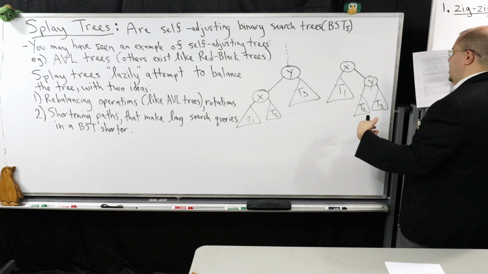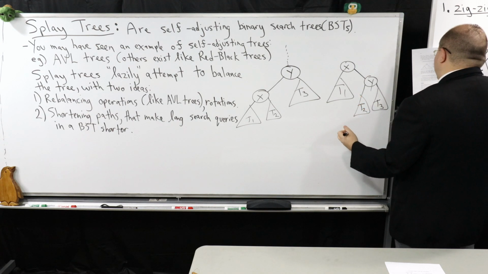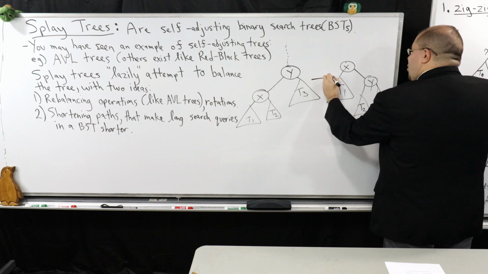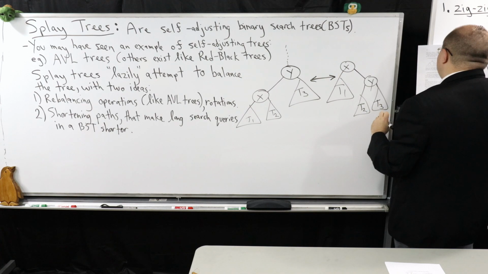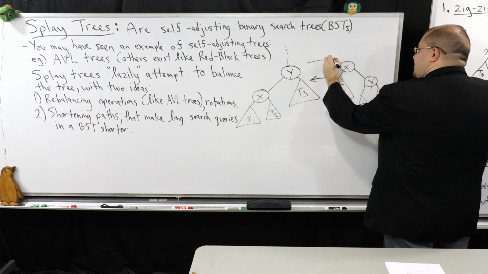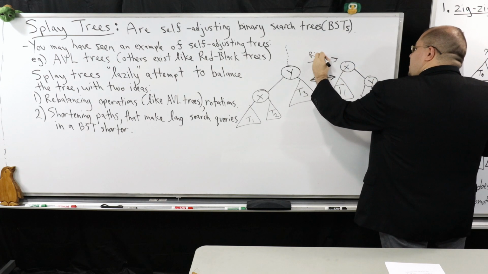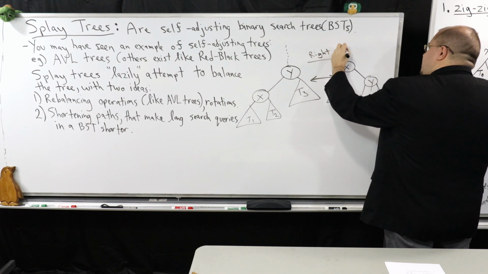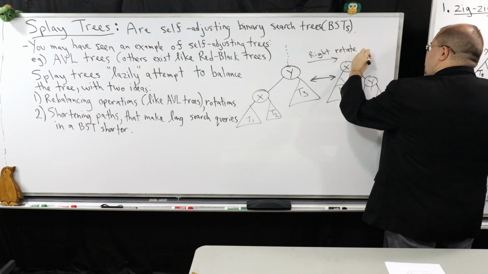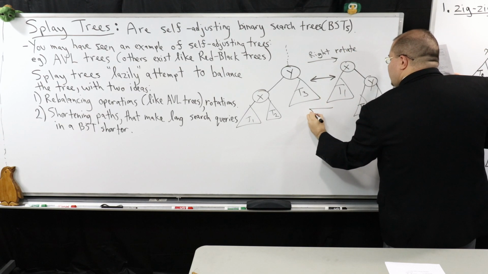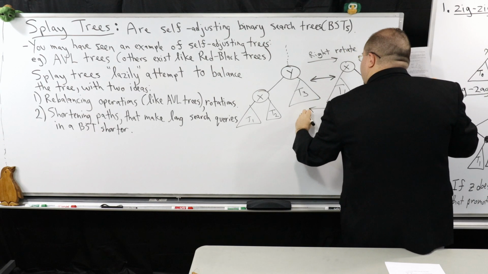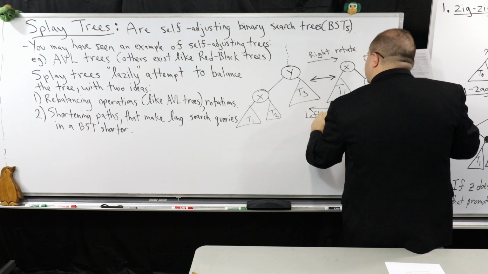This is what I would call a rotation or a single rotation. So I can go back and forth between these two. Sometimes people call this a right rotate. If I go from the left picture to the right picture, they often call this a right rotation. And if you go from the right to the left, we call that a left rotate or left rotation.